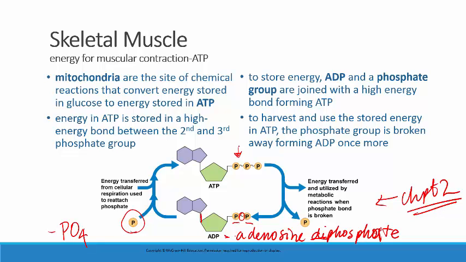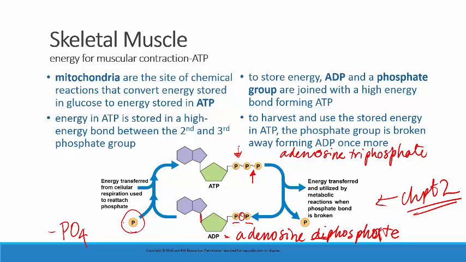When you take ADP and attach a 3rd phosphate to it, then you make adenosine triphosphate, which is what ATP means. Adenosine triphosphate has a 2nd high energy bond, with that 3rd phosphate group attached using that high energy bond.